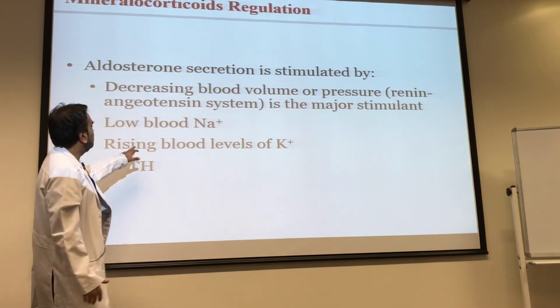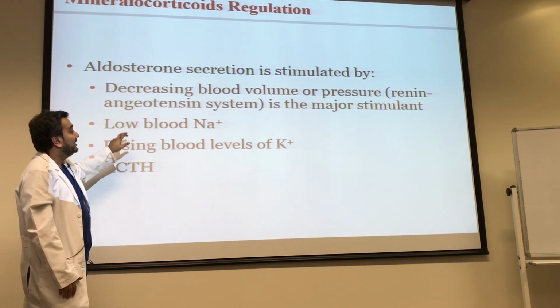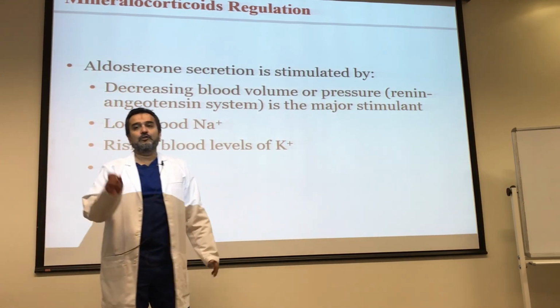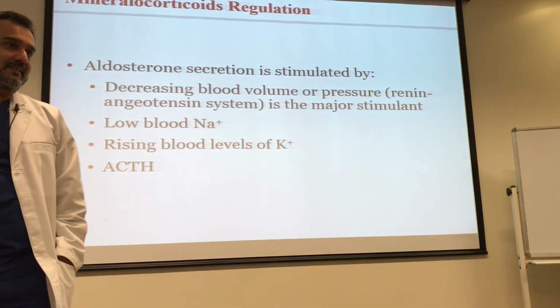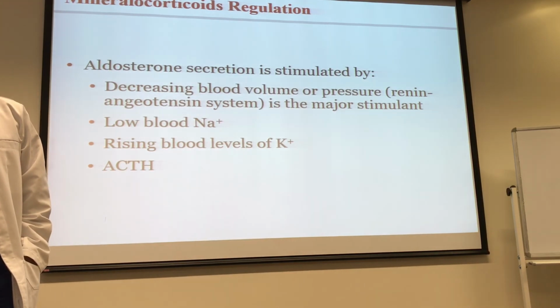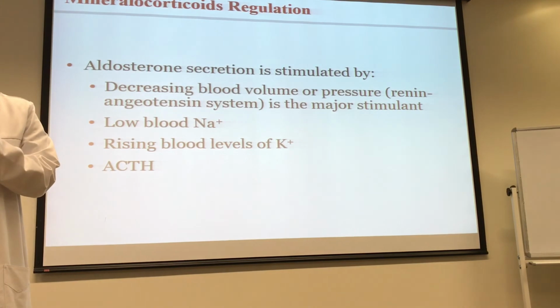So one mechanism is the renin-angiotensin system. The other, which is very important, is the potassium level. The adrenal cortex is very sensitive to potassium levels. When you have high potassium levels, it is going to affect the adrenal cortex.